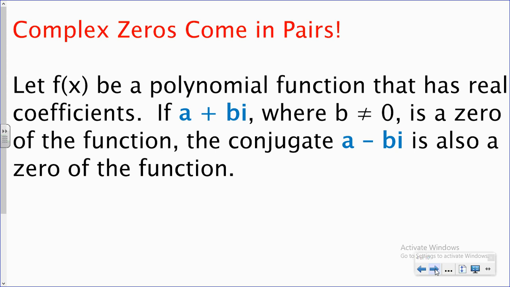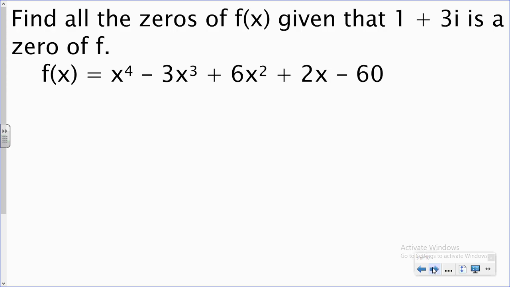Now, what else can we do with this? I am giving you that 1 plus 3i is a zero of this function.